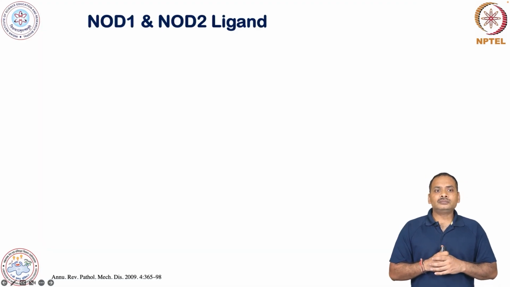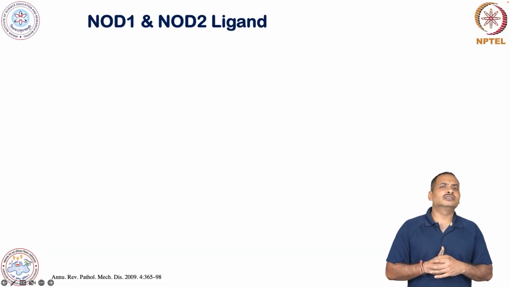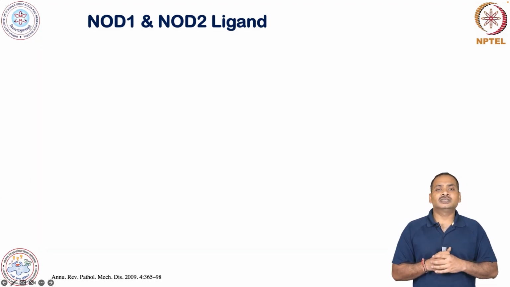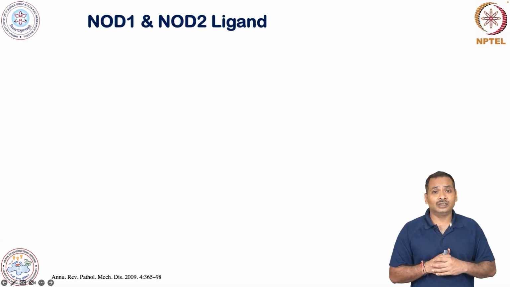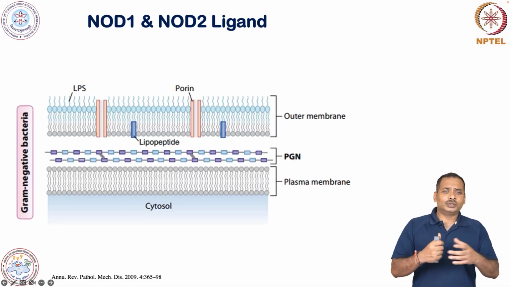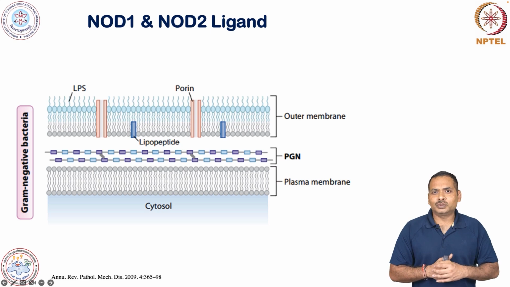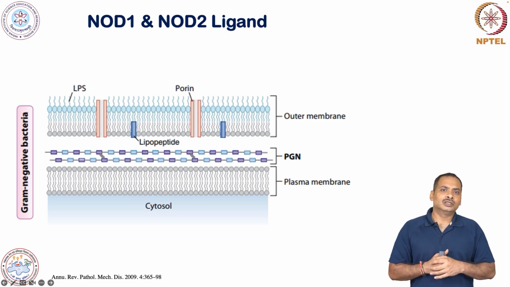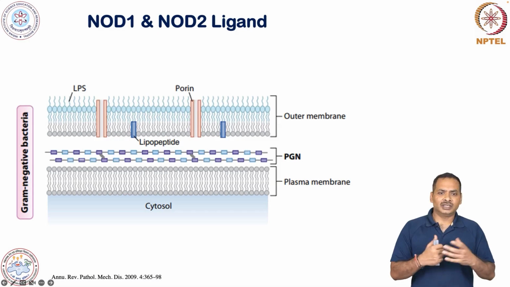Now I will explain this. You have seen previously there is a ligand for NOD1 and NOD2. You are very well aware of the structure of gram-negative bacteria; I am just showing it for quick understanding.